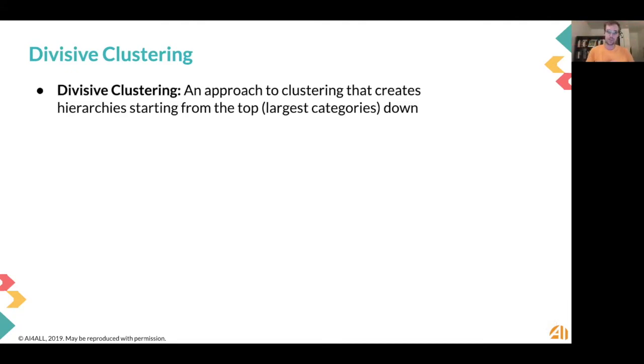So you can sort of think of hierarchical clustering proceeding from the top down or the bottom up, and divisive clustering is the kind that starts by splitting the space and then splitting the parts of that. Okay.